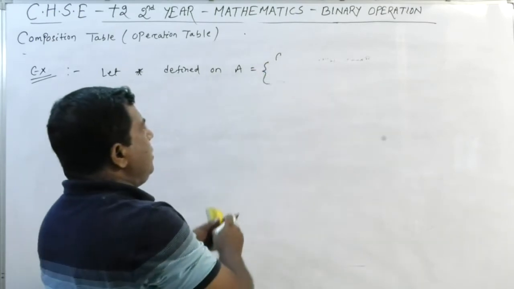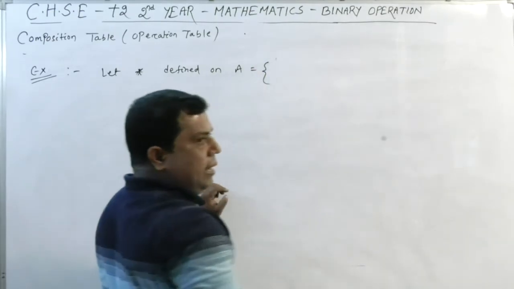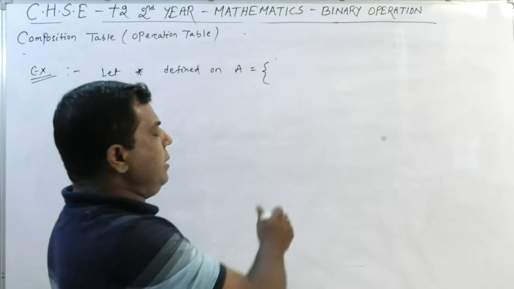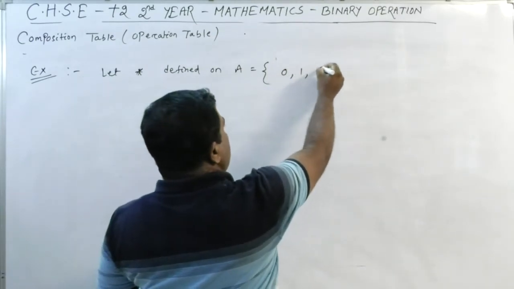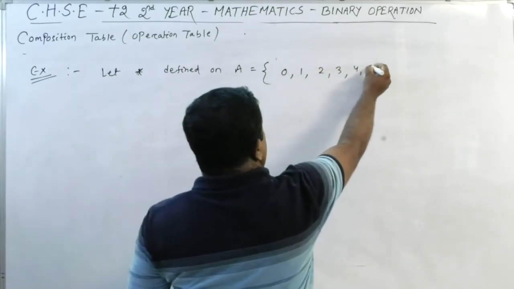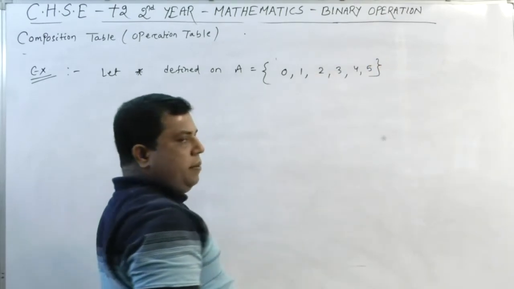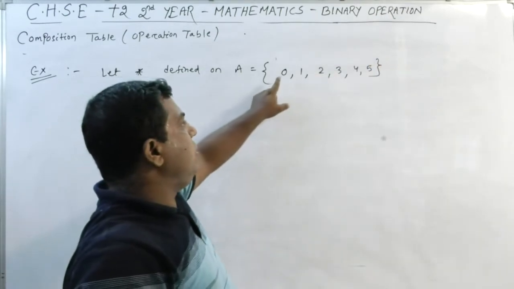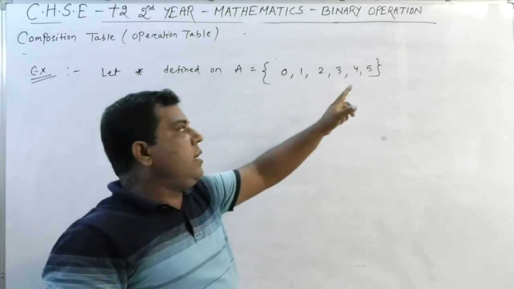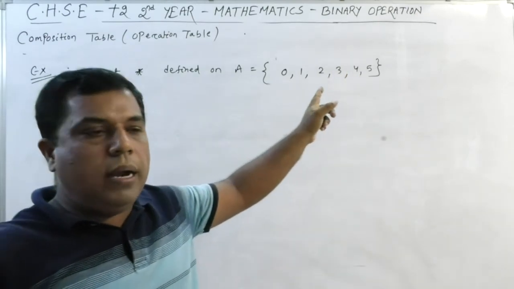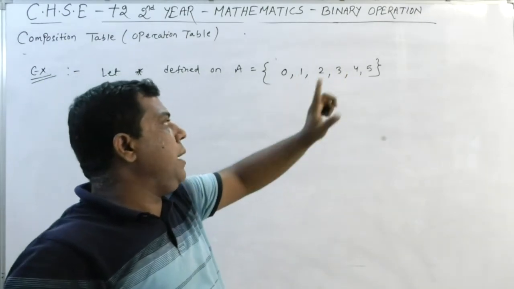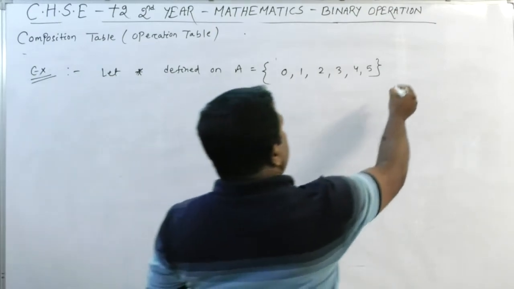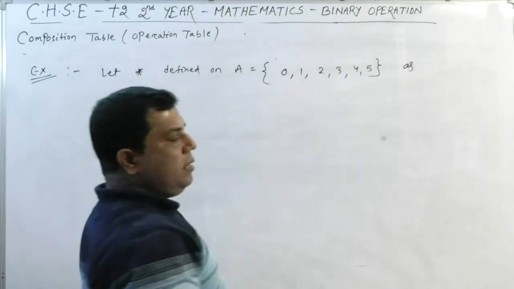A is the set containing the elements 0, 1, 2, 3, 4, 5. And how is the operation defined?